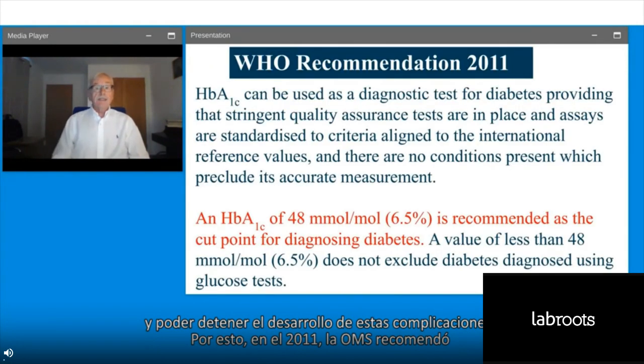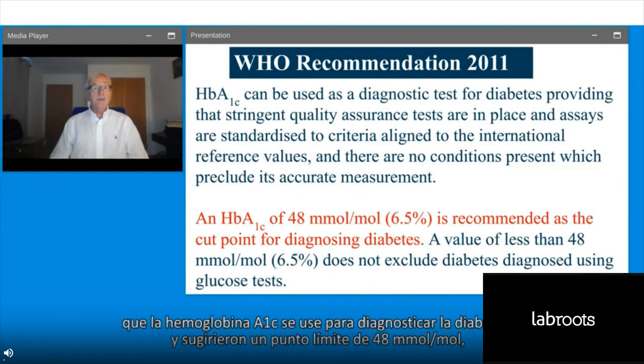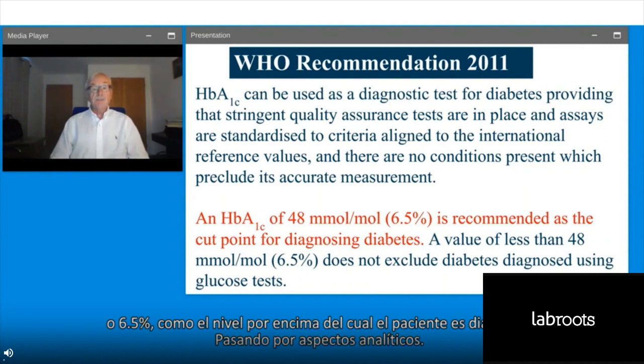Which is why in 2011, the WHO recommended that hemoglobin A1c be used to diagnose diabetes. And they suggested a cut point of 48 millimoles per mole, or 6.5%, as a level above which the patient is diabetic.